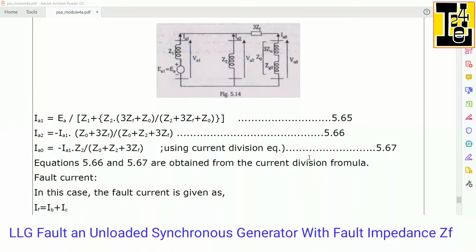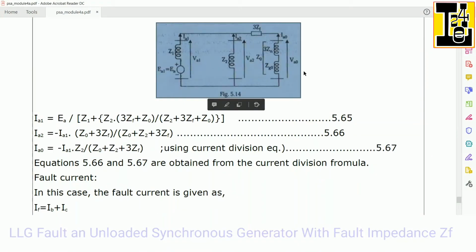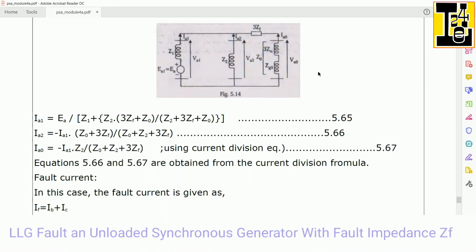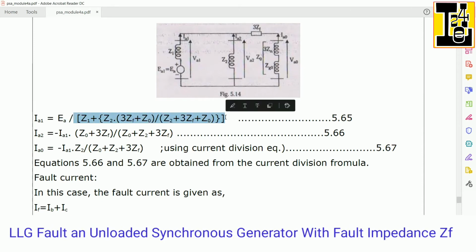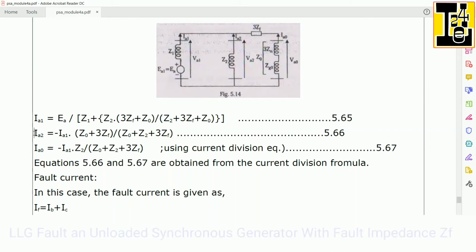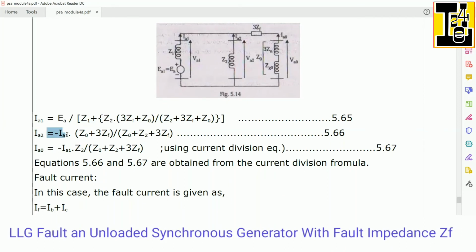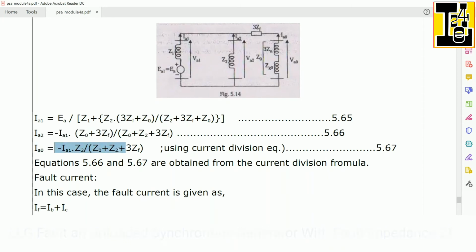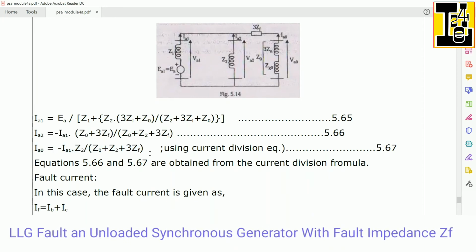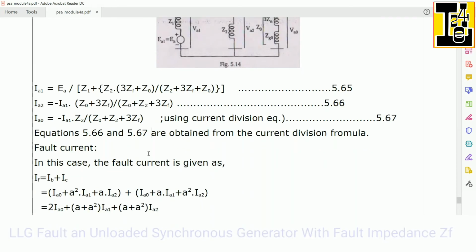Finding the sequence quantities by observing this sequence network connection, we will get IA1 equal to EA divided by the total impedance of this network. By the current division rule, I can write IA2 equals this equation, IA0 equals this equation. So these are the 6 sequence quantities obtained.